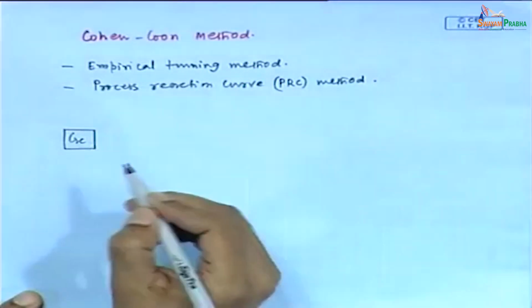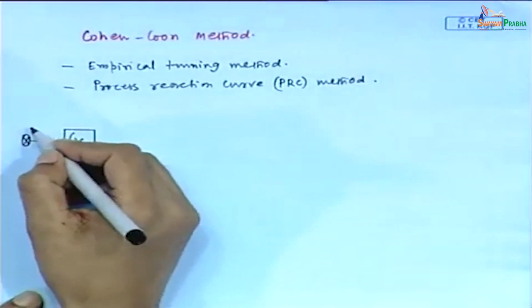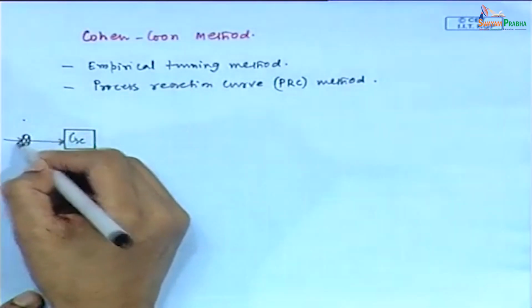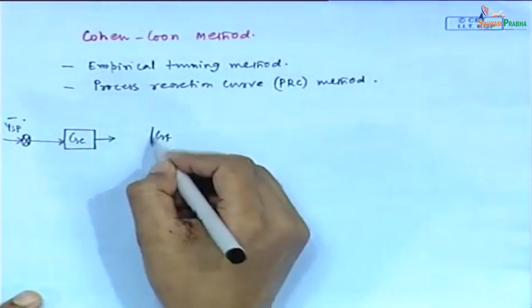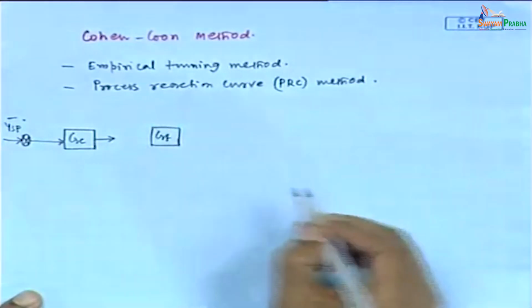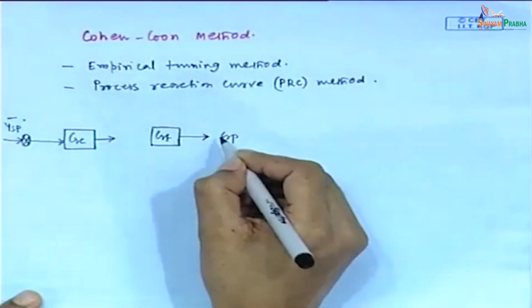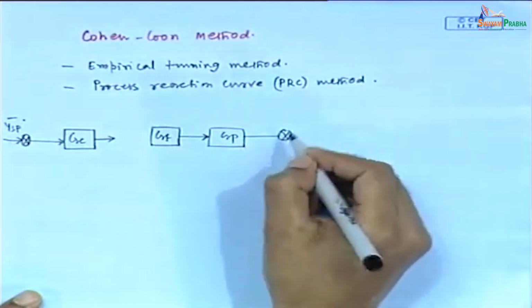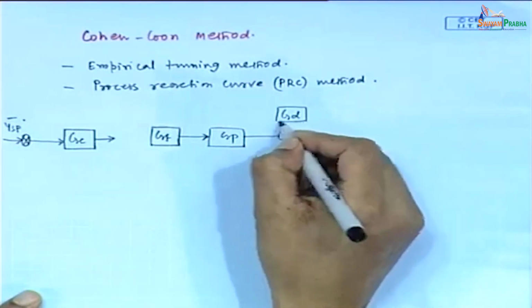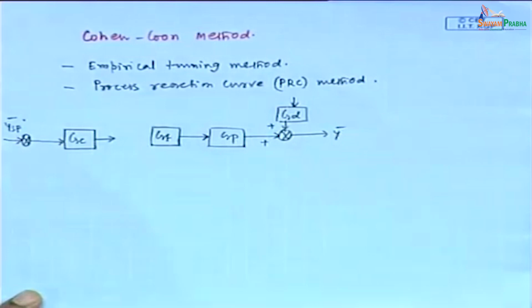Closed loop block diagram. Say this is Y set point, this is controller output, this is the block for final control element, then the process, disturbance, process output.